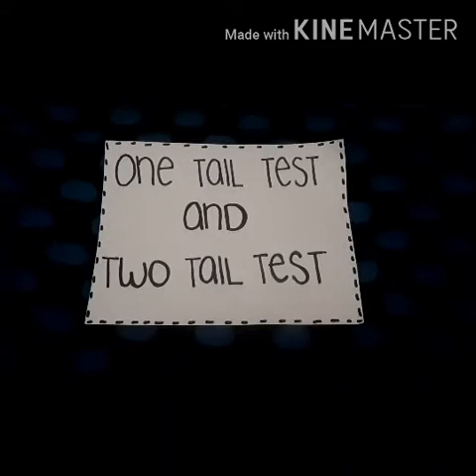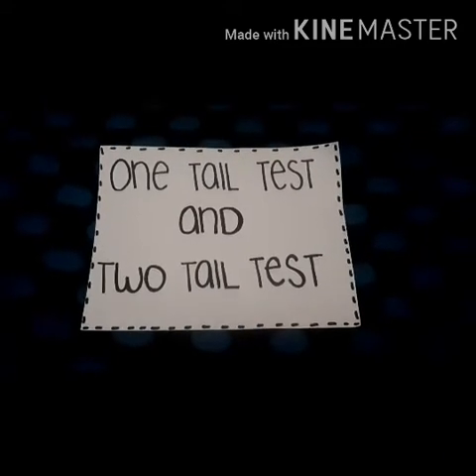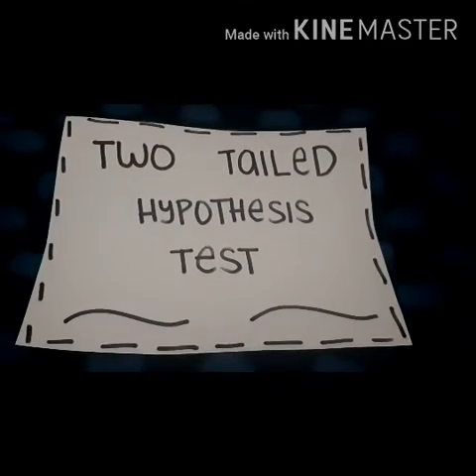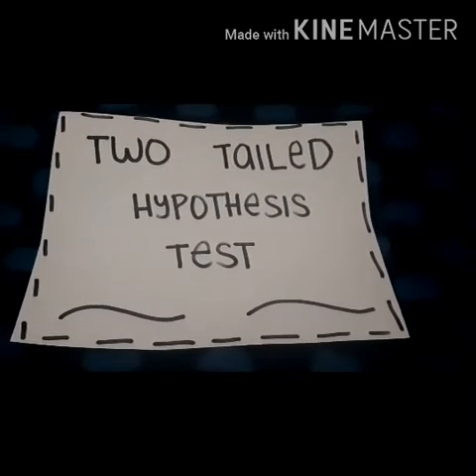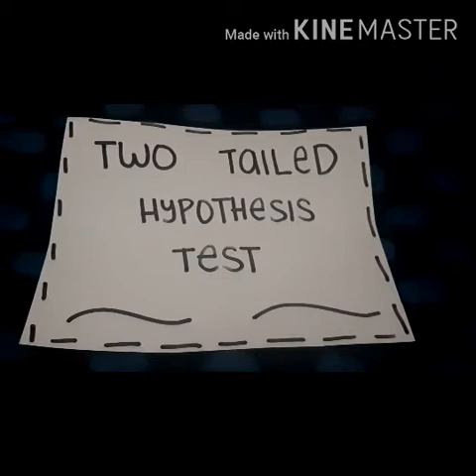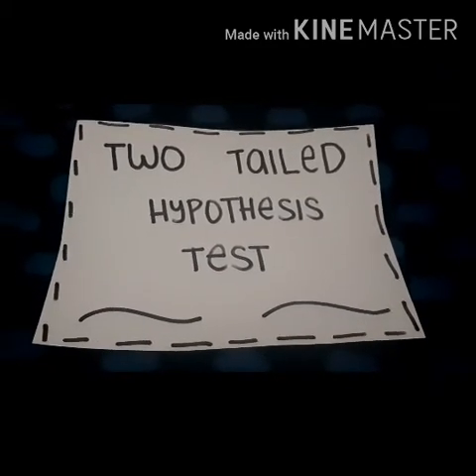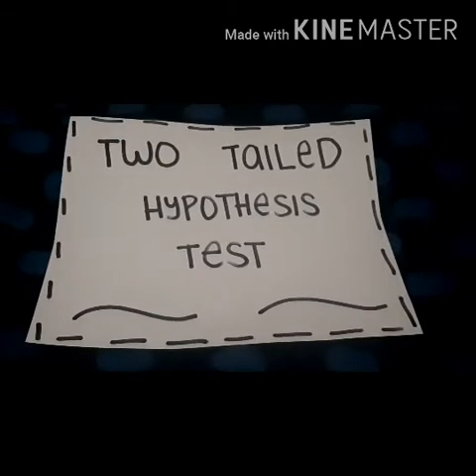There are two types of tests of significance: the one-tailed test and the two-tailed test. Two-tailed hypothesis tests are also known as non-directional and two-sided tests because you can test for effects in both directions.